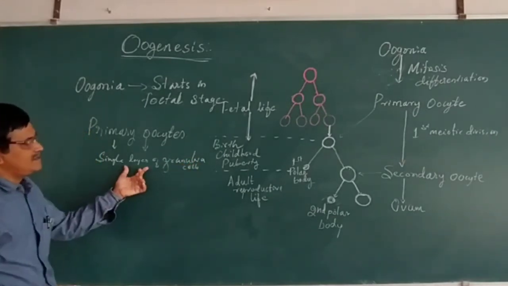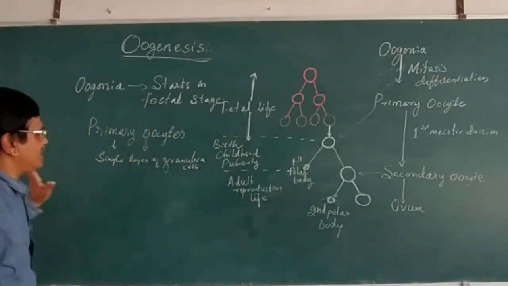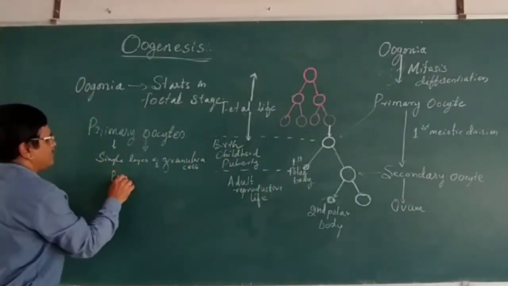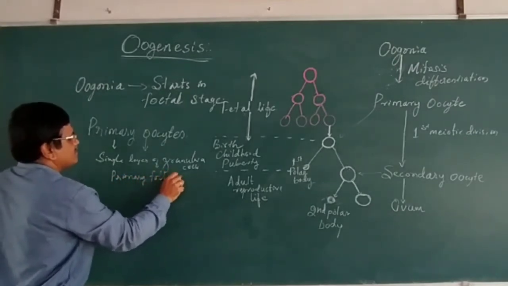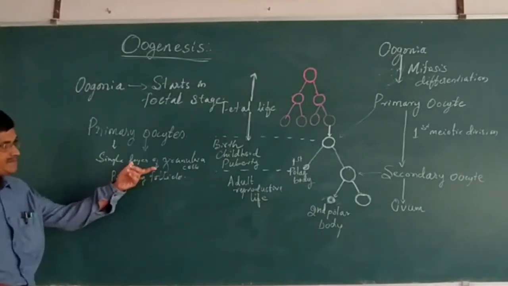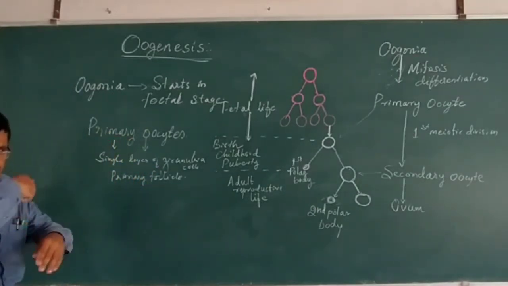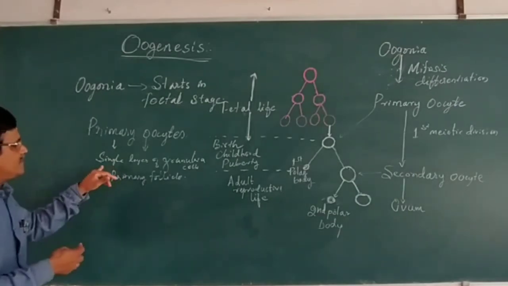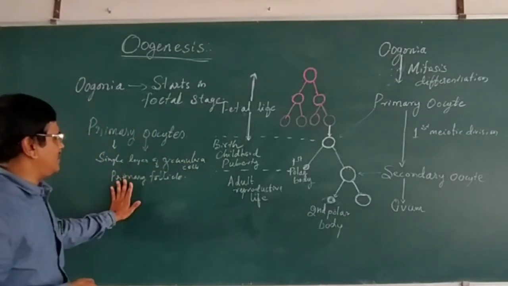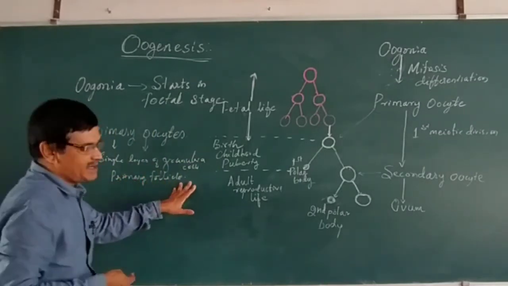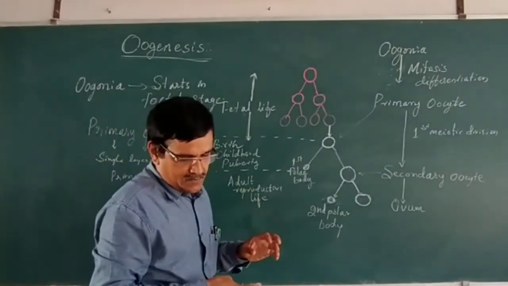Now it is said to be a primary follicle. So primary follicle means it is a primary oocyte surrounded by a single layer of granulosa cells. So the primary follicles will be formed after the birth.